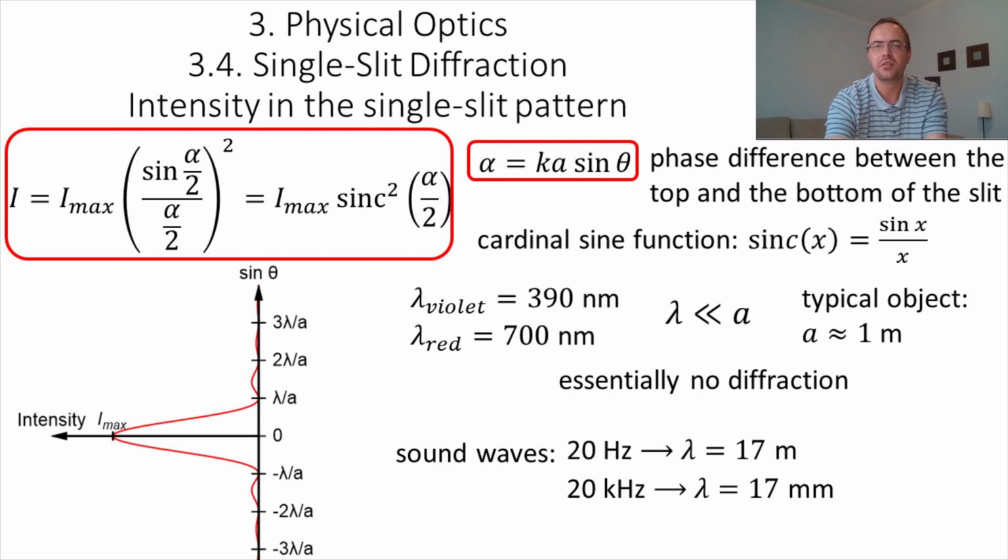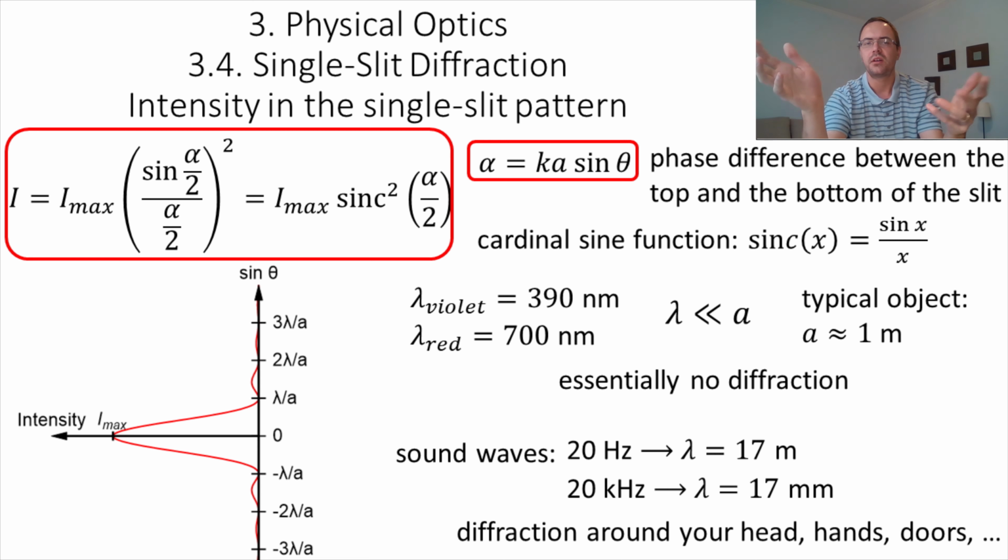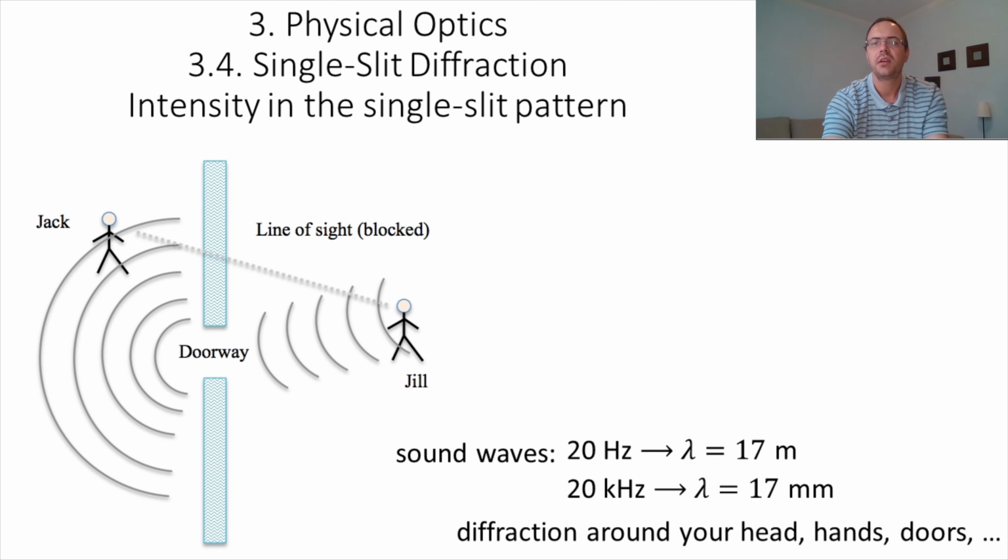So in the case of sound waves, there will be diffraction around many things, right? Around your head, around your hand, around the door, and so on. And so that is why you can hear someone even if you don't see them, right? The light waves essentially go straight through the door opening, they don't diffract. But the sound waves are significantly diffracted by the door opening.